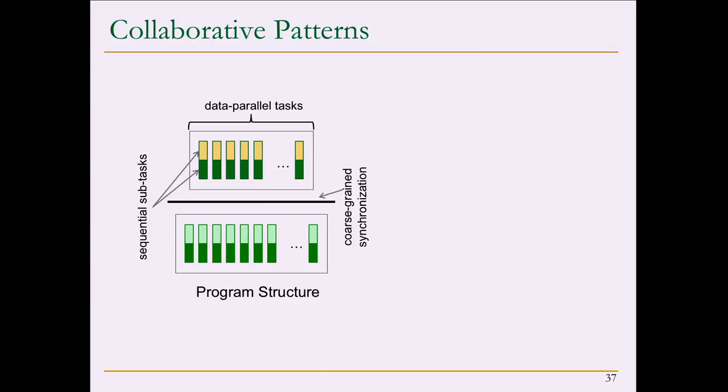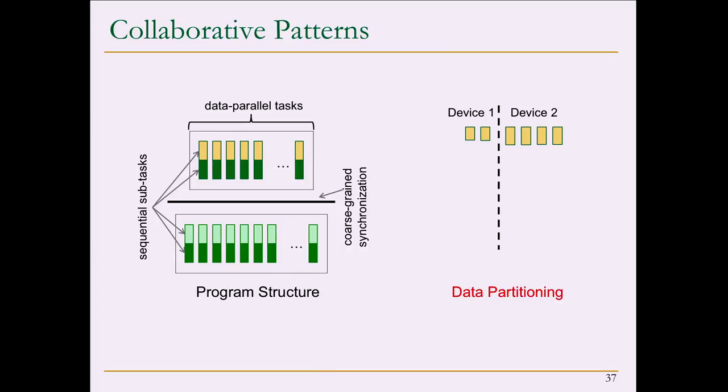So the very first thing that we could do to have a collaborative pattern is what we call data partitioning. Keep in mind, and actually that's conceptually the simplest thing, that we have data parallel tasks, we have data parallelism, so if we have 2 or more devices in our system, we are going to assign some of the data parallel tasks to one of the devices and the other part to the other device.